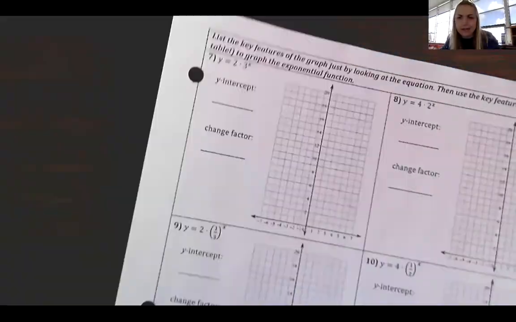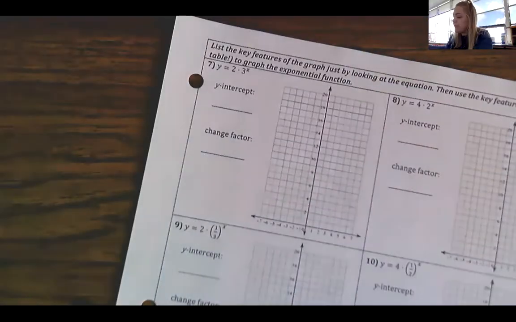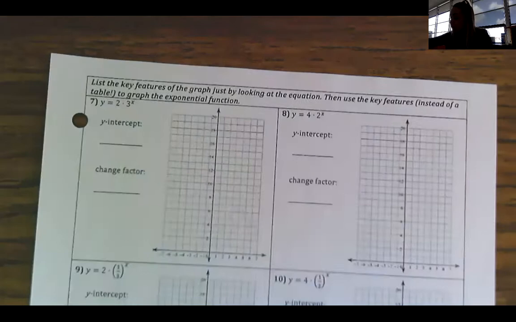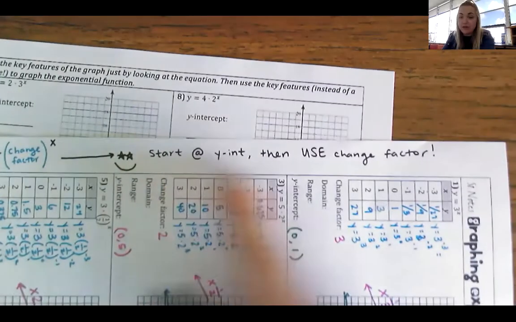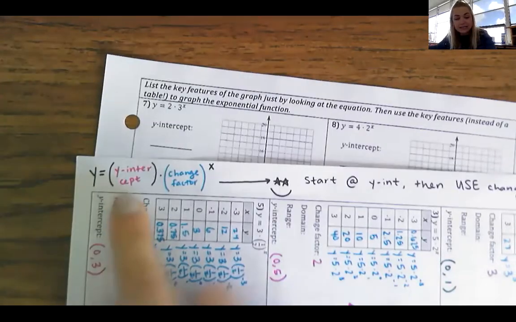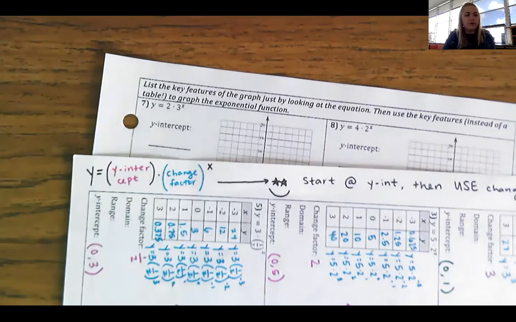And by the way, we're going to get to this range and domains thing in just a second, so don't lose this paper. Okay, so we are going to start at the y-intercept, and then we're going to use the change factor. So using this thing right here, I'm going to rewrite that.